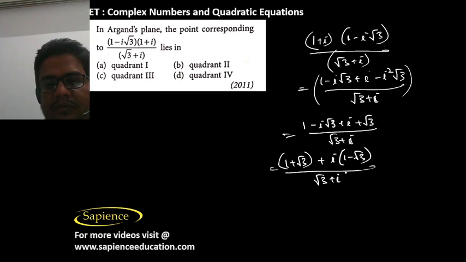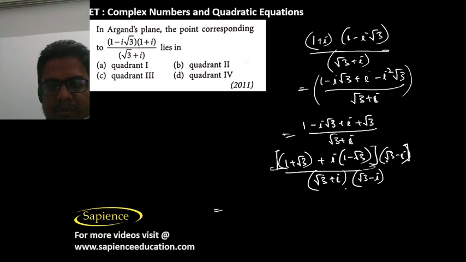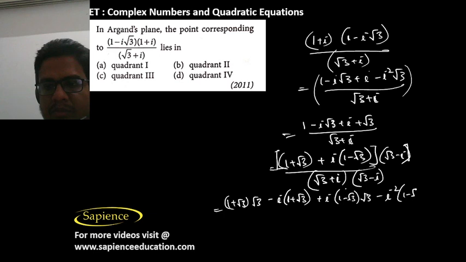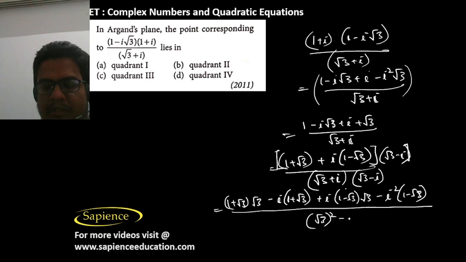Then we have to multiply and divide by its conjugate, that is root 3 minus i. So this will be root 3 into (1 plus root 3), then minus i into (1 plus root 3), then plus i into (1 minus root 3) into root 3, then minus i square into (1 minus root 3), divided by root 3 whole square minus i square.